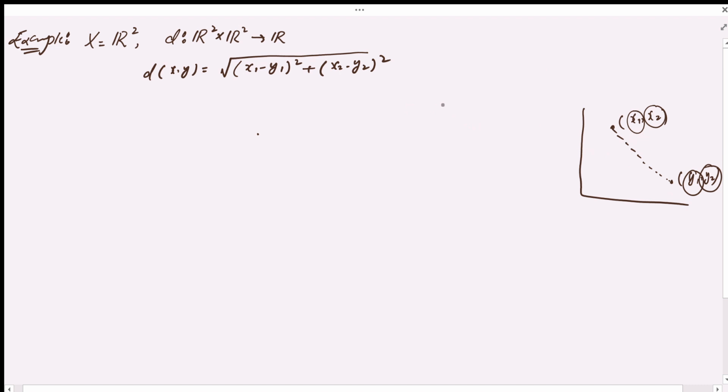The distance is given by this formula. I hope that the formula is clear to you.